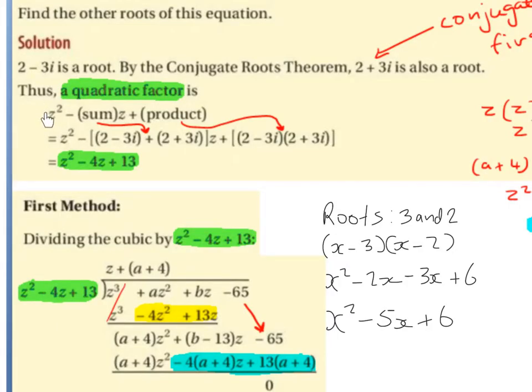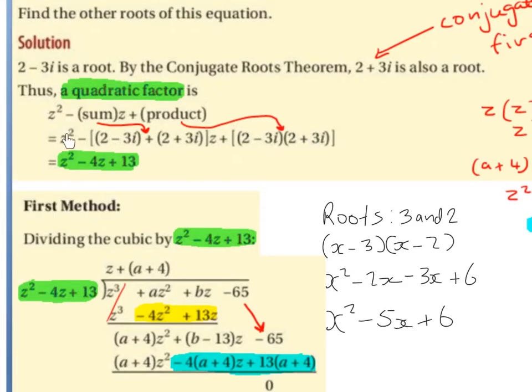So we have z squared minus the sum of the roots times z plus the product of the roots. The sum of the roots will be 2 minus 3i plus 2 plus 3i, where 2 minus 3i is our root and 2 plus 3i is our conjugate. And then the product of the roots will be 2 minus 3i multiplied by 2 plus 3i.